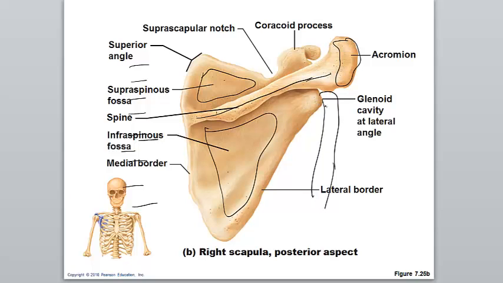So that means this will be your right scapula. You have to identify which bone it is, right side or left side, based on all the structures that I showed you. You first identify the spine, you know it's going to be posterior. Then you see the glenoid cavity. Then you know the vertebrae is going to be towards the medial border. So you know that this is going to be the right scapula.